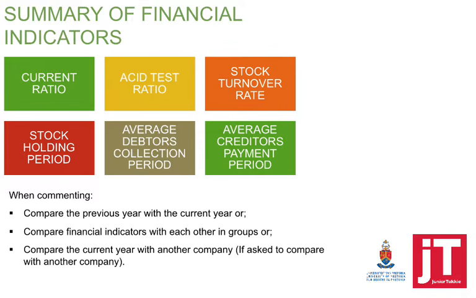Is the company still liquid? Stock turnover rate and stock holding period are the two groupings that I put together as well to see how long we keep our stock and how quickly we turn that over. And then we compare, do we collect money from our debtors before we pay our creditors, because that can have an impact on your working capital.